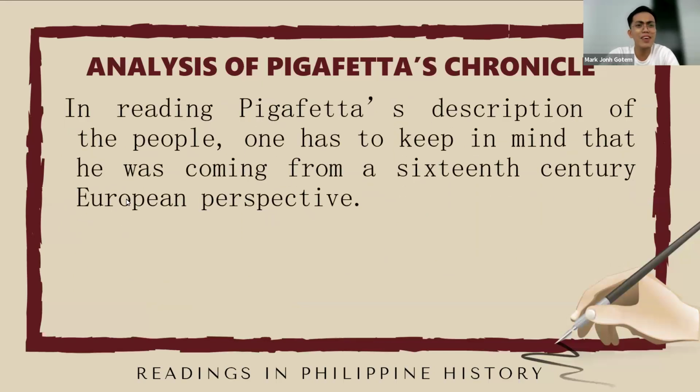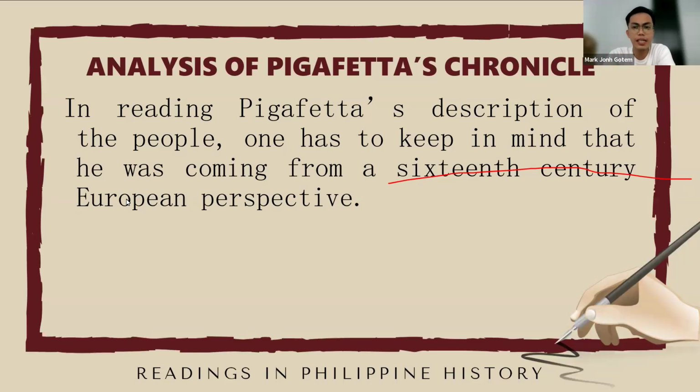And in reading Pigafetta's description of the people, one has to keep in mind that he was coming from a 16th century European perspective. So, in summary, when reading Pigafetta's account, it is important to understand that his descriptions were shaped by the knowledge, beliefs, and biases of a 16th century European.